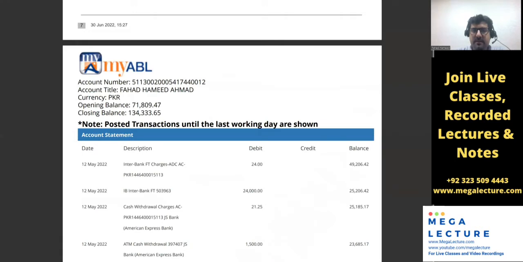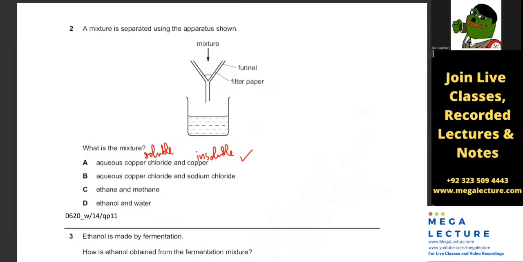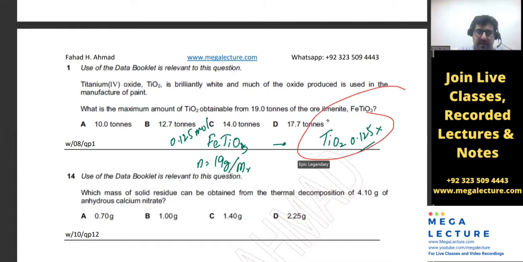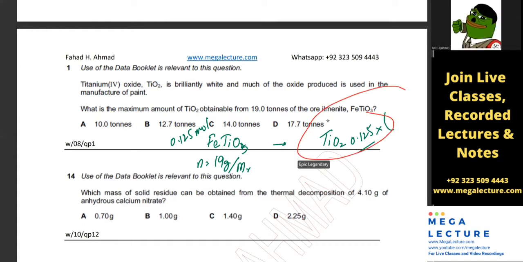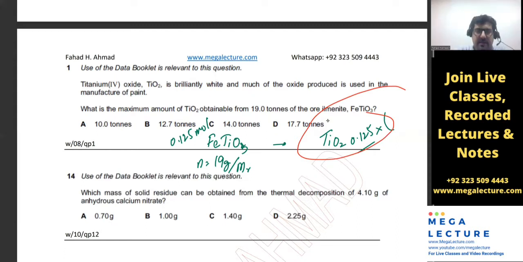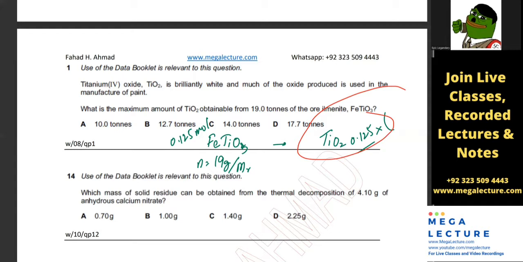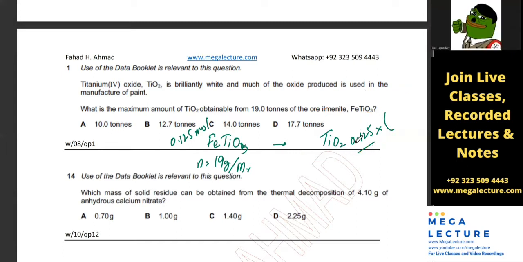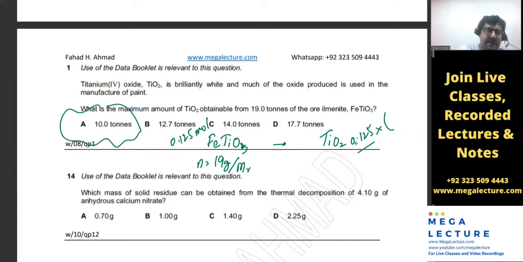Sir, it's 80. Hmm? Sir, 80. It's 88? Yes, sir. What is the mass that you're getting? The MR is 80. The MR is 80? So you multiply by the moles, what do you get for that? 10. So you're going to get 10 tons, right?